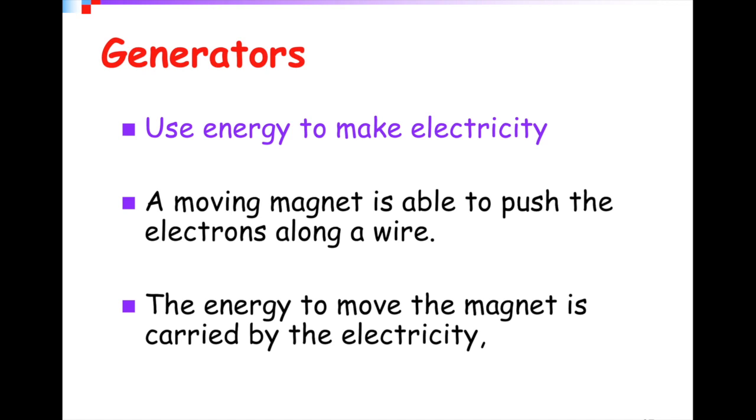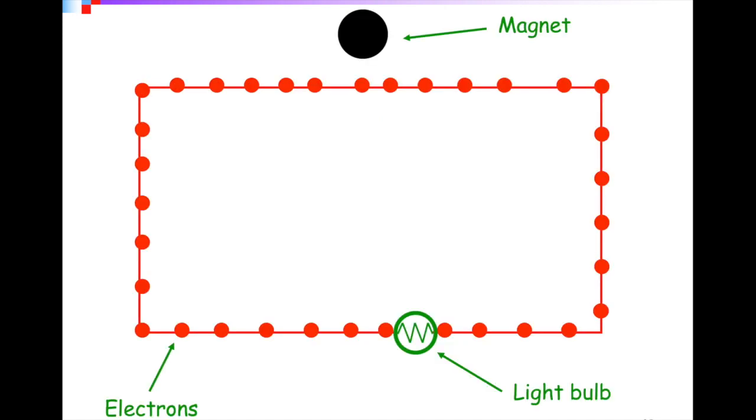A moving magnet is able to push the electrons along a wire, and this is what happened with Faraday. The energy to move the magnet is carried by electricity. Let's see this electrical circuit.